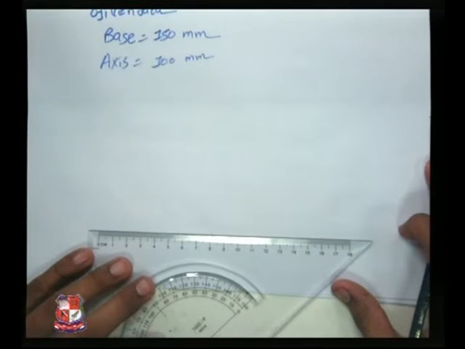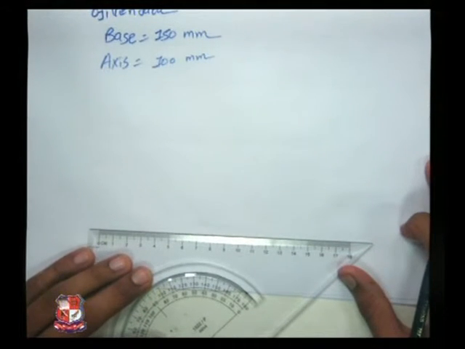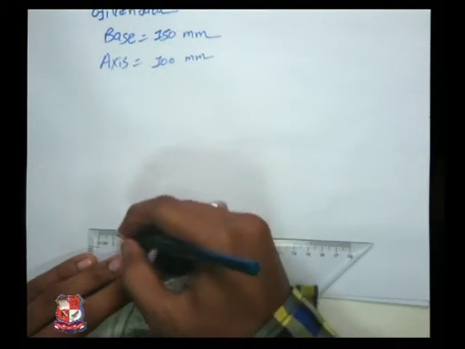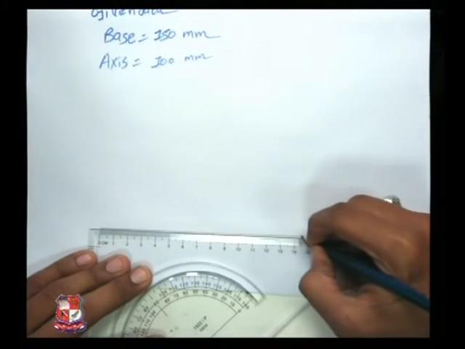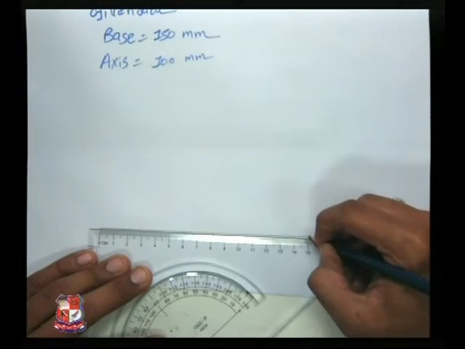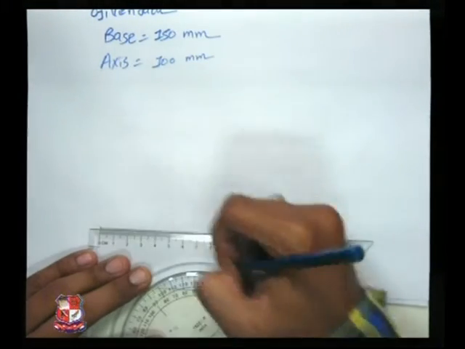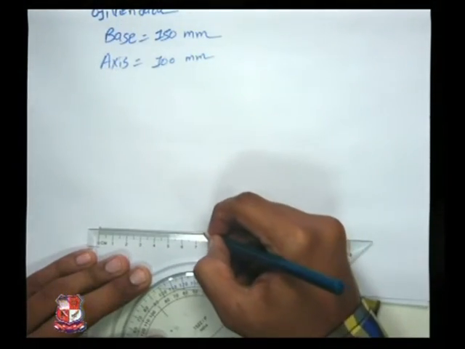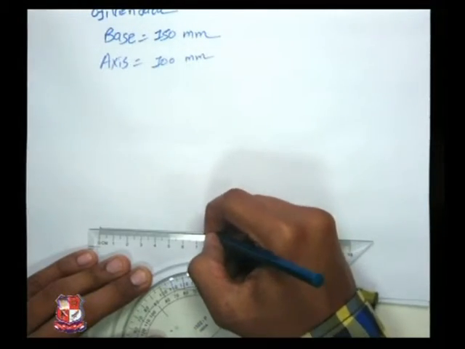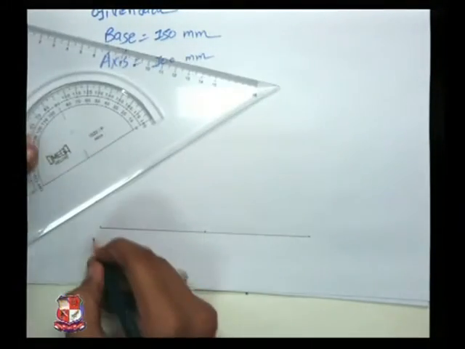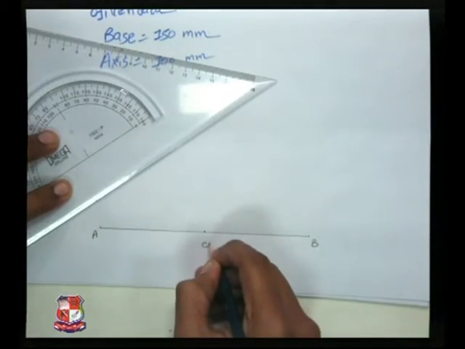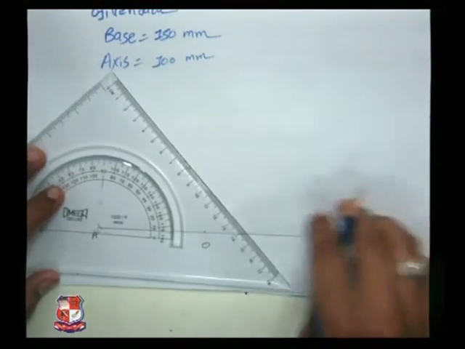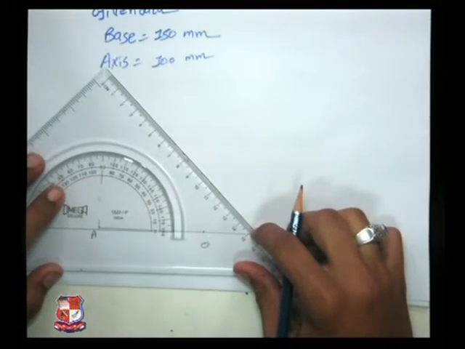We are going to start by drawing a baseline of 150 mm. I will take the division of the midpoint at 75 as well. A, B and midpoint will be O. Now the axis is given as 100 mm.